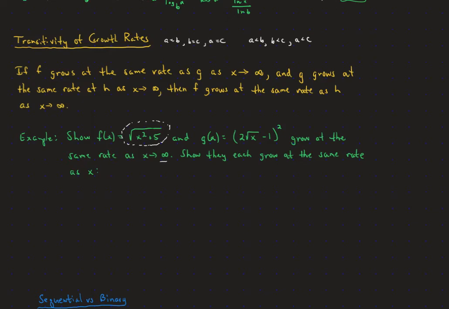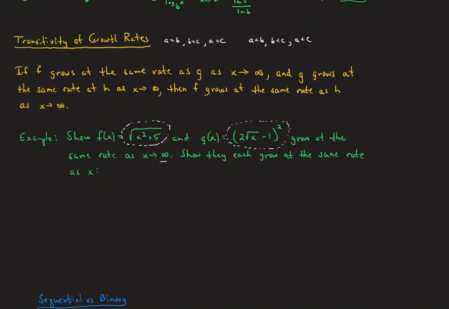So we think that's going to act like x. And similarly here, when we square this out, what's going to emerge is that 2 square root of x quantity squared, which is going to be an x to the first. So we might suspect that these both really act like an x. They're going to be the same order of magnitude as an x.